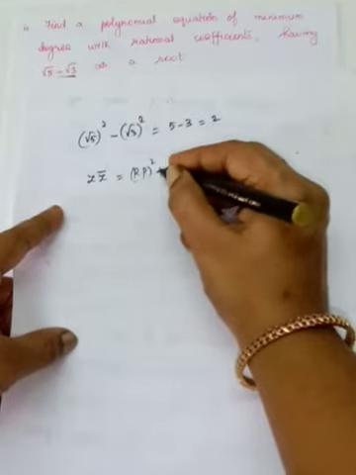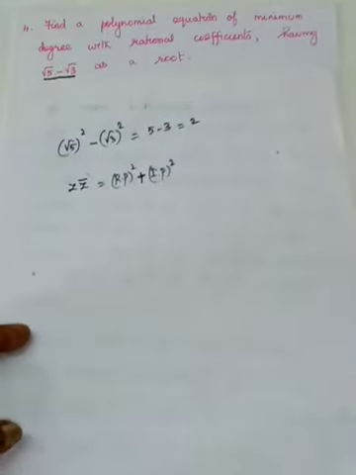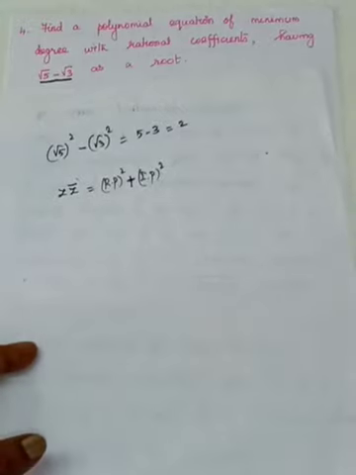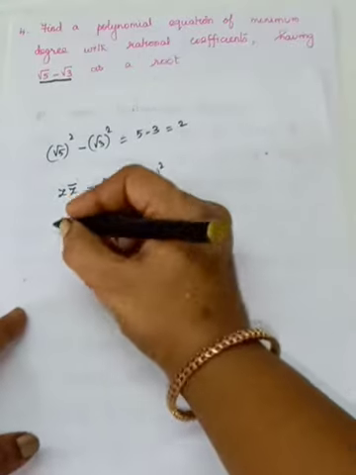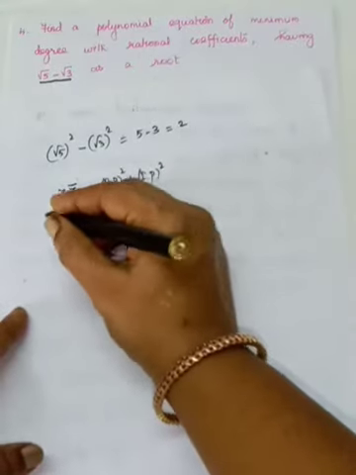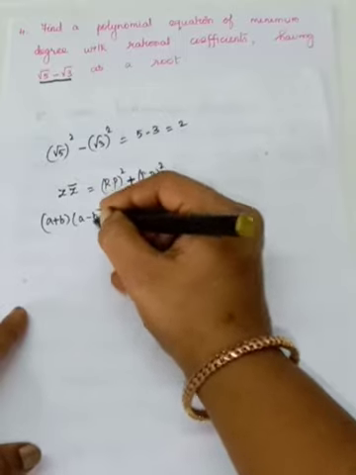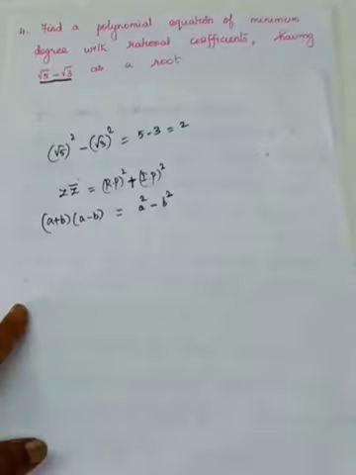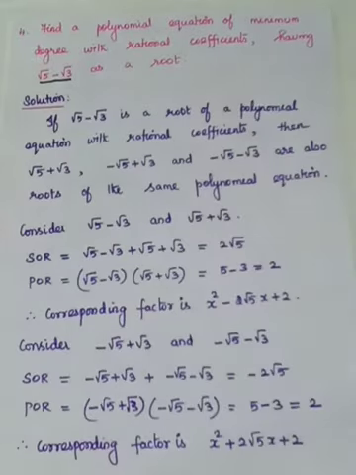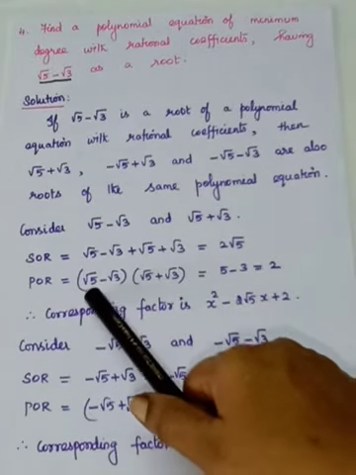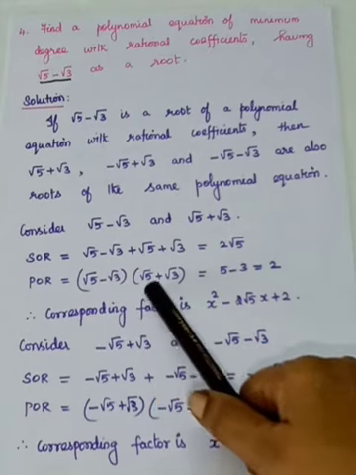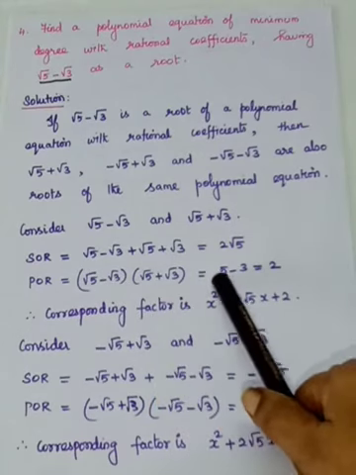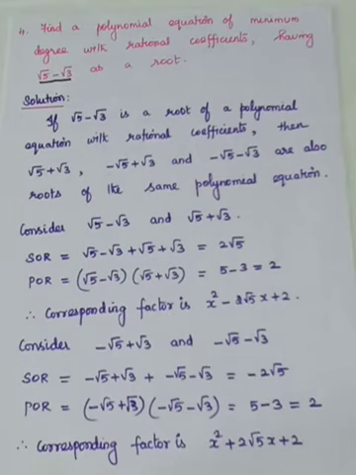But here it is in the form of a plus b into a minus b, and your formula is a squared minus b squared. So root 5 minus root 3 into root 5 plus root 3 is equal to a square minus b square, that is equal to 2.